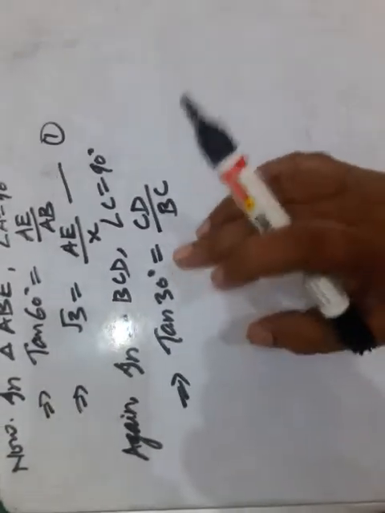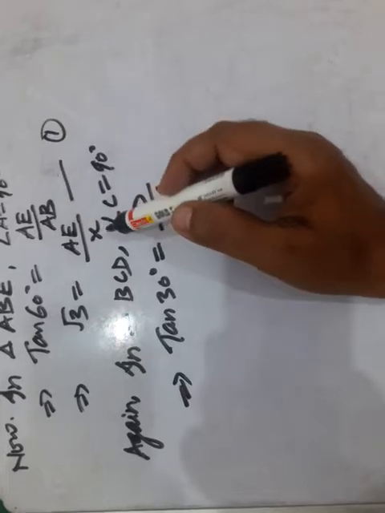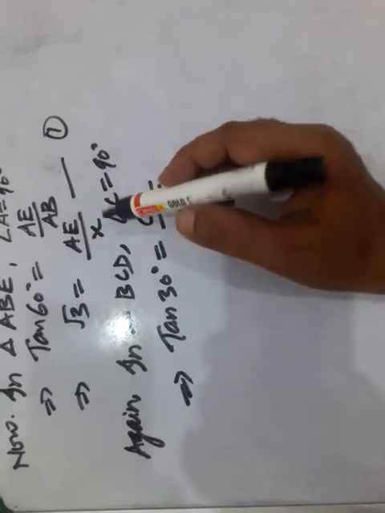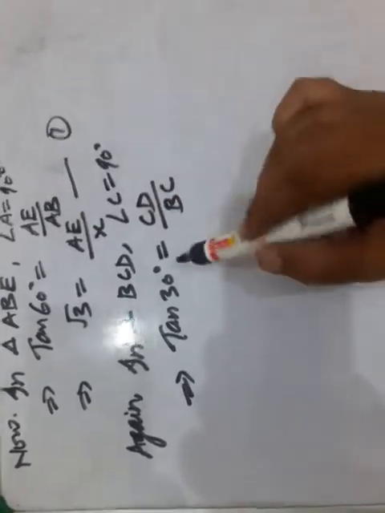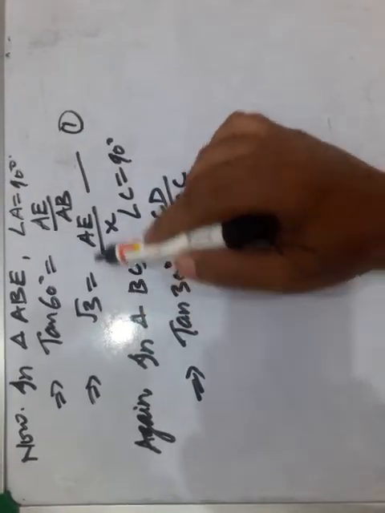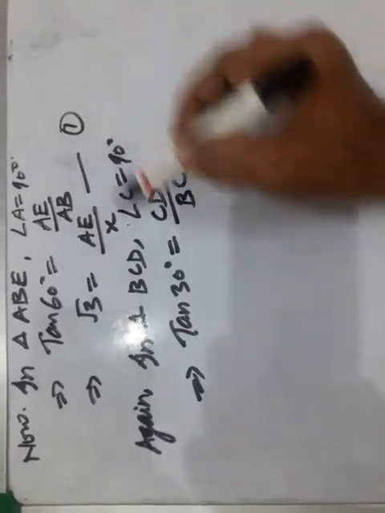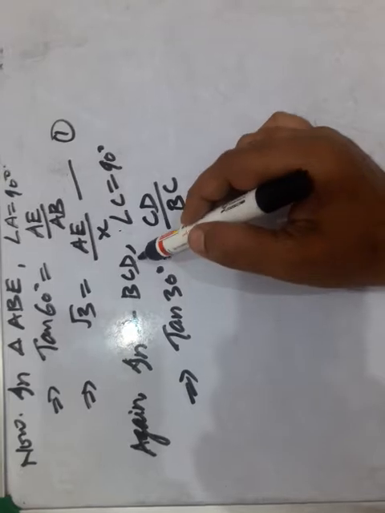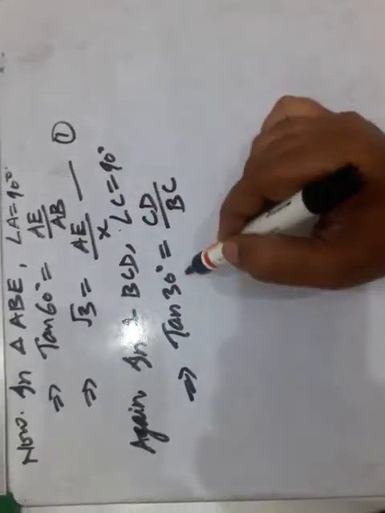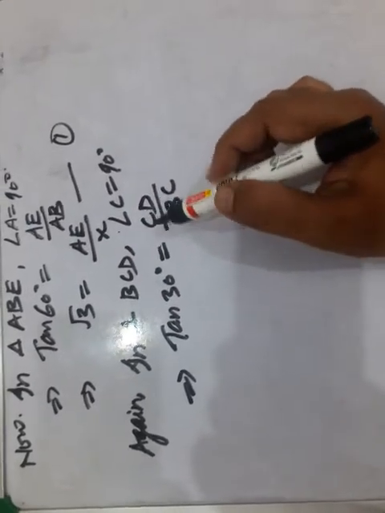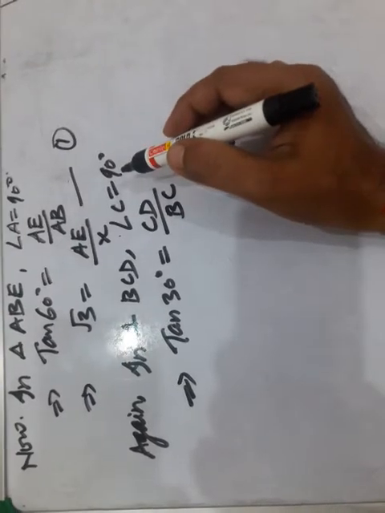Now this root 3 equals AE upon X. Clear children? This tan 60, AE upon X, is equation number 1. And in triangle BCD, angle C equal to 90 degrees, then tan 30 equals what? X is what? This is 80 minus Y.